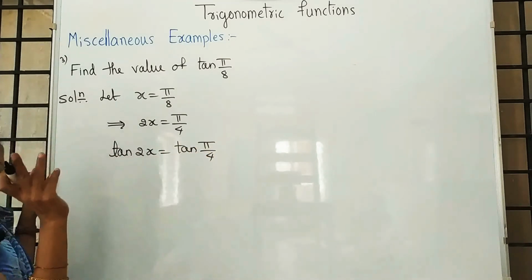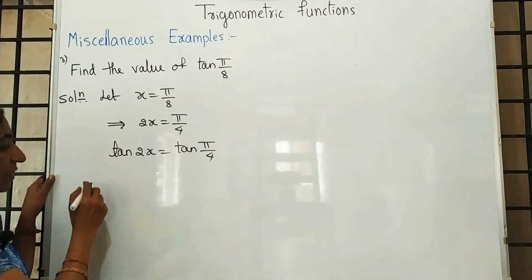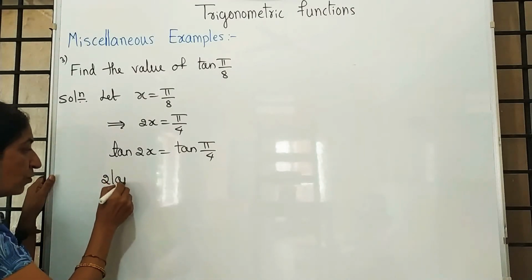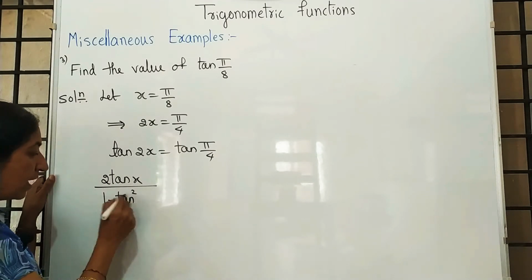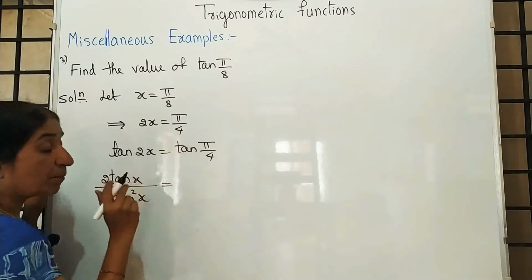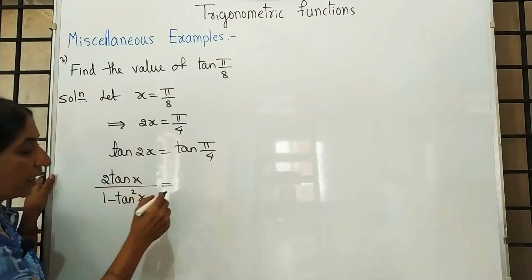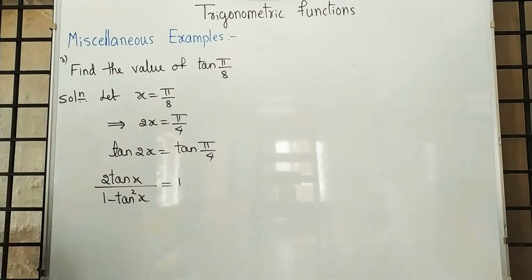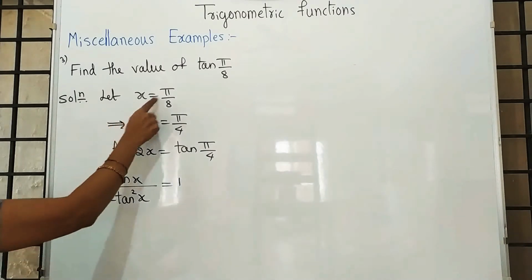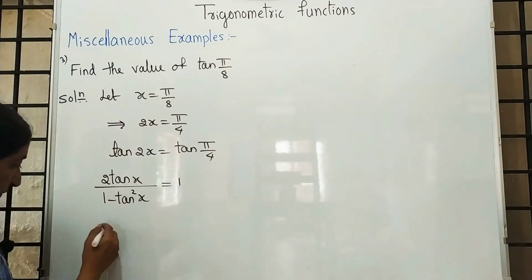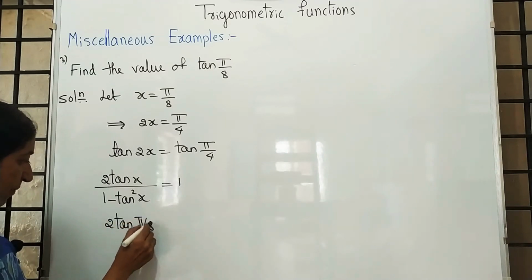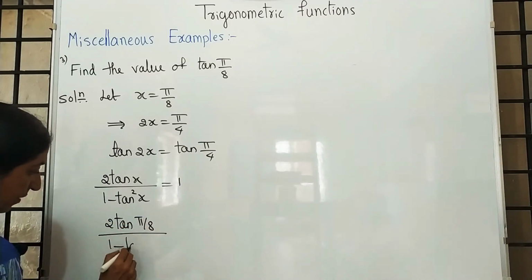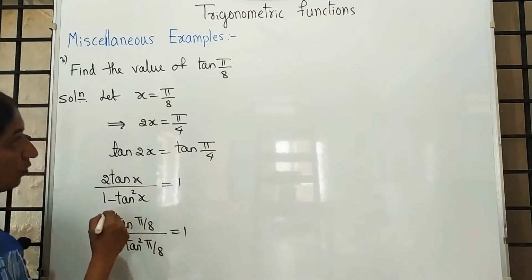Tan 2x, already we are familiar with the formula, multiples and submultiples: 2 tan x upon 1 minus tan square x. And what is tan pi by 4? Pi by 4 is 45. Tan 45 is 1. What is x value? X is pi by 8. 2 into tan pi by 8 upon 1 minus tan square pi by 8 is equal to 1.